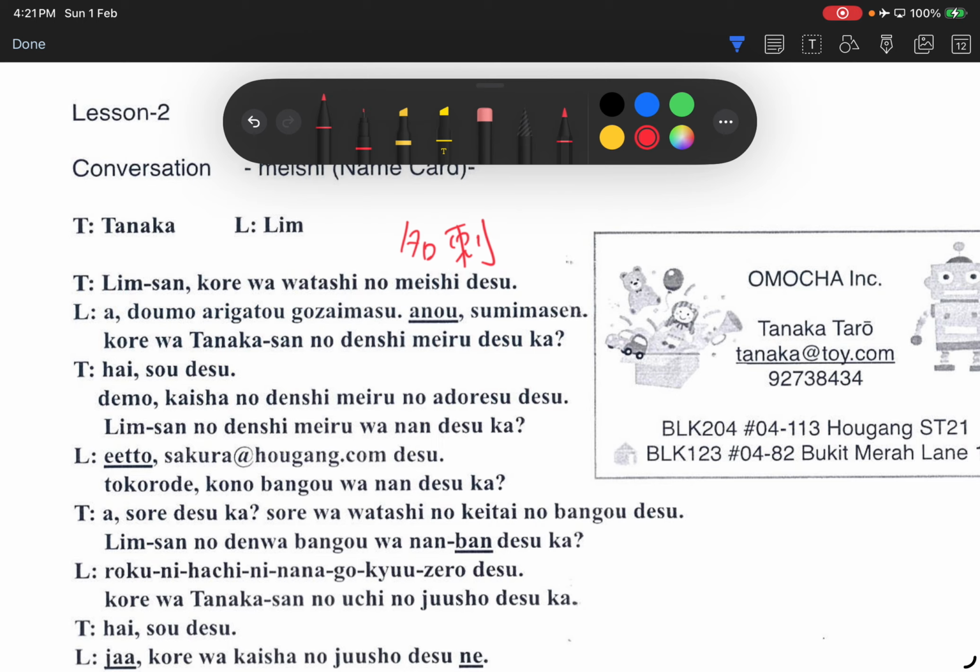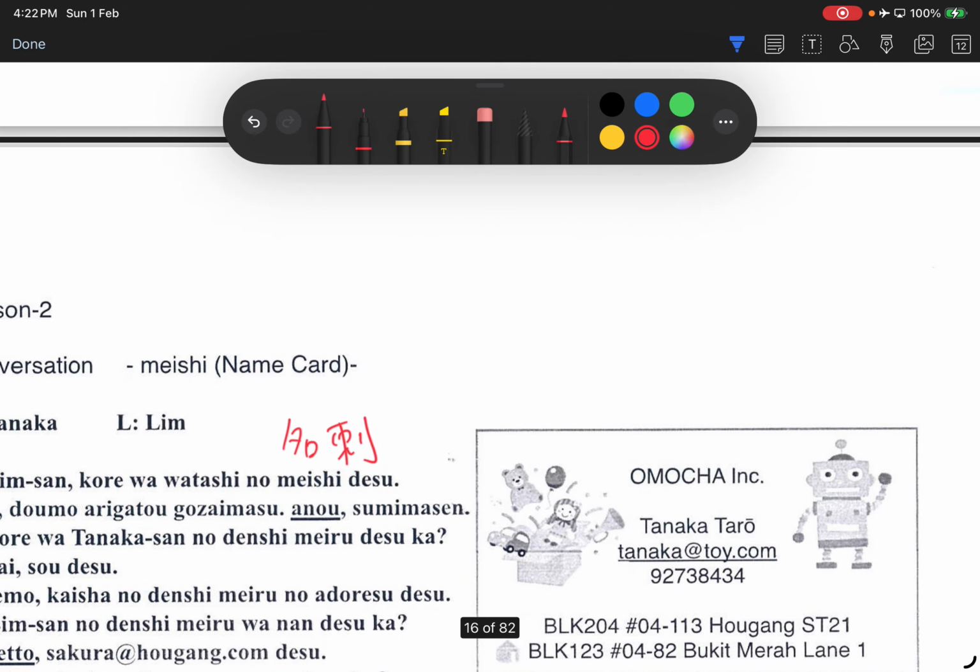So my name card. Then Lim says, どうもありがとうございます. This どうも is just emphasizing the ありがとう. It has no meaning. You can use どうも by itself to mean like thank you also. So it's like thanks. So どうもありがとうございます. Thank you very much. Alright, so I'll just write again.